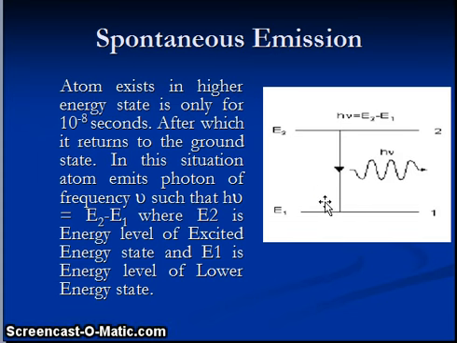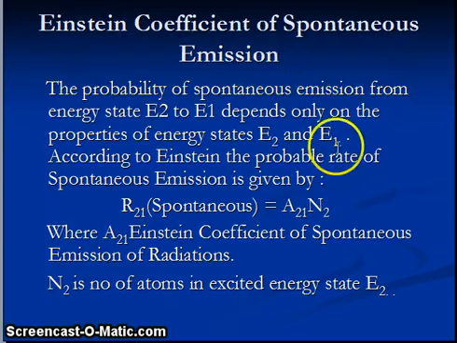Spontaneous emission exists in the case of ordinary light, that is bulb, tube light, and all other lights except laser, in which the phenomenon of stimulated emission takes place. Next is the Einstein coefficient of spontaneous emission. The probability of spontaneous emission, or probable rate, is R21.